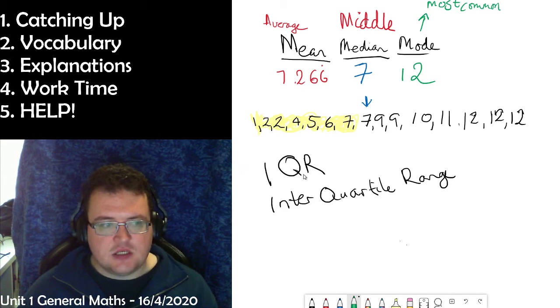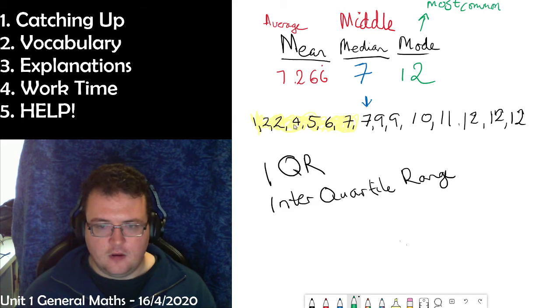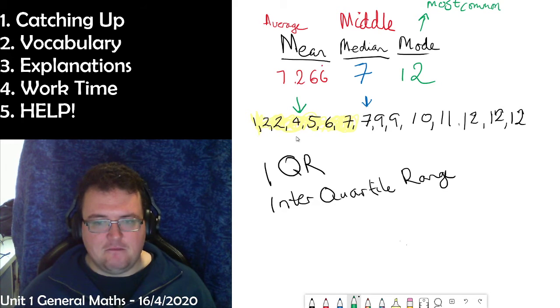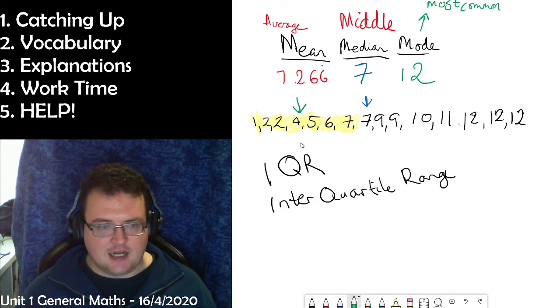How do I find the median of these 7 numbers? Same as for the whole data set, n plus 1 divided by 2. 7 plus 1 is 8, 8 divided by 2 is 4. I need to find the number in the 4th position. 1, 2, 3, 4. So I've now found the median of the bottom half of my data.